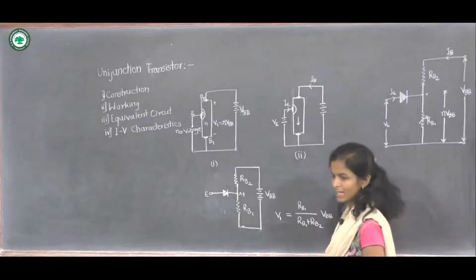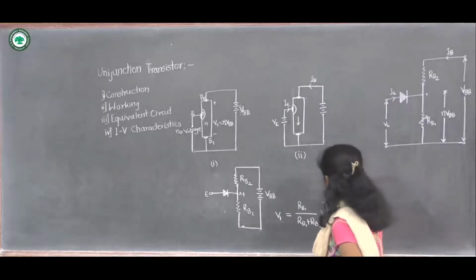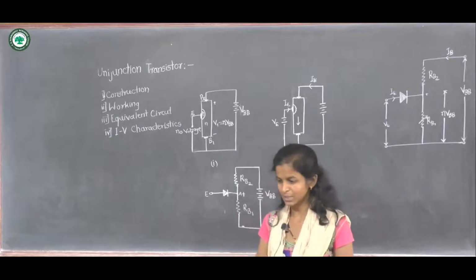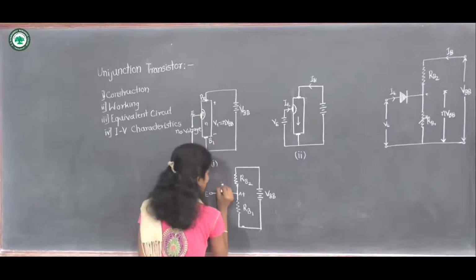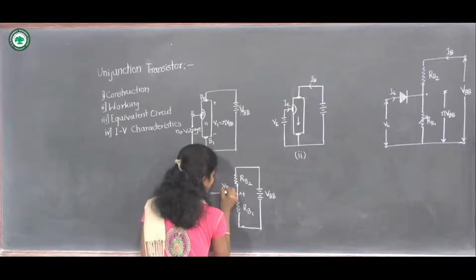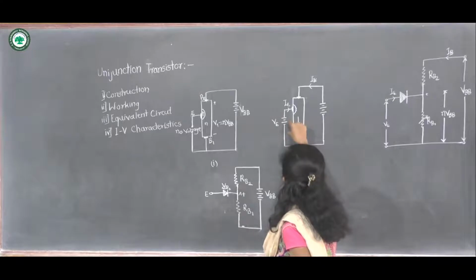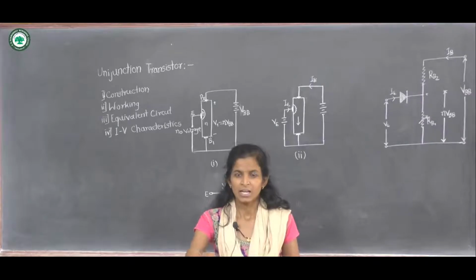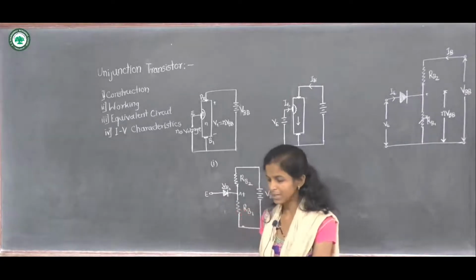Then we will see the second case, when voltage is applied to the emitter terminal. When voltage is applied to the emitter terminal, the voltage drop across this diode is given by VD, and VE is the potential provided by the battery attached to the emitter terminal.